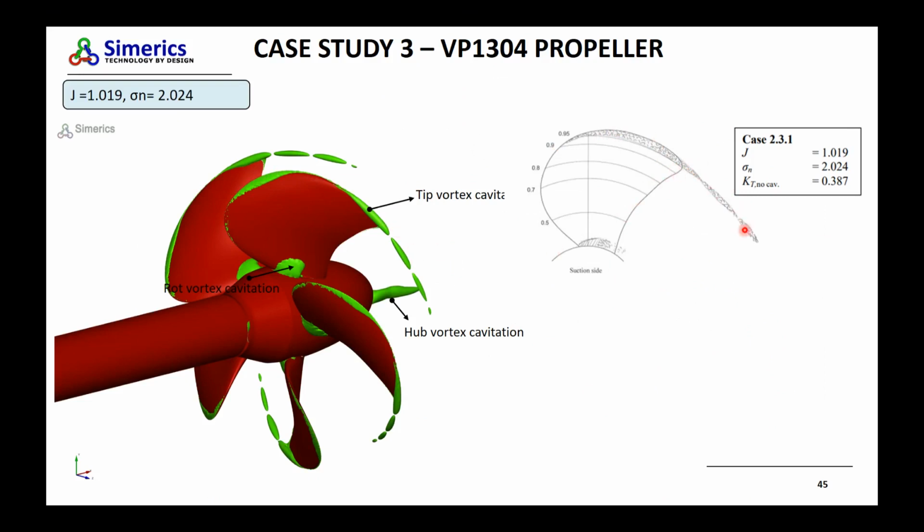The test was seeing this tip vortex, and we can capture this quite well. We can also capture this root vortex, which is seen here as well. And we also see some hub vortex, which you can see somewhere in the picture there. So all three different types of vortex get captured in our simulation. It depicts the power of our cavitation capability.